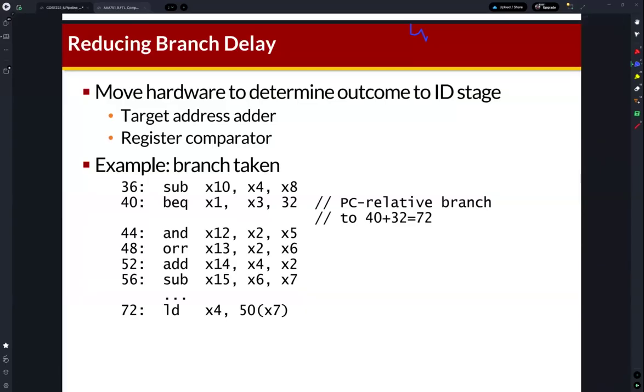So in order to handle the control hazard, we need to reduce the wasted cycles, the cycles wasted by branch instructions. Then how can we reduce these wasted cycles?